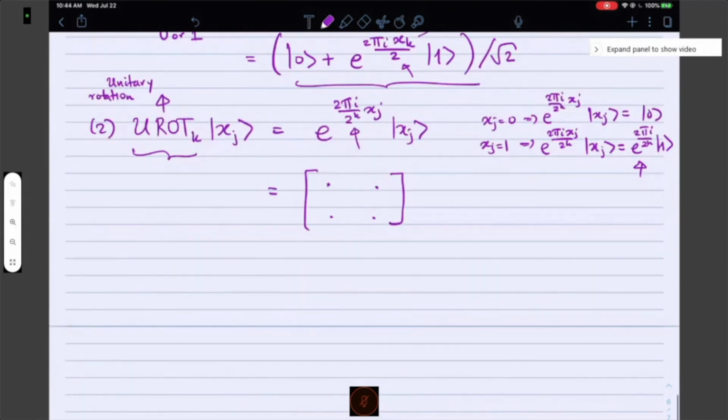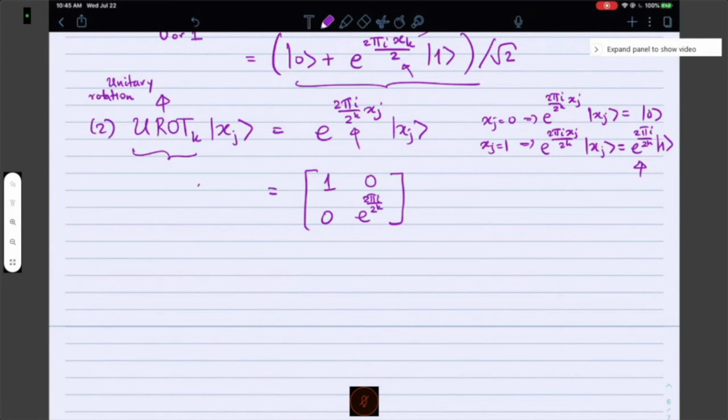The elements here correspond to what this particular gate does to the state 0. And that's going to be giving you back exactly the state 0. So this is the state 0. The elements on the right are what it does to the state 1. And that's giving you 1 with a phase. So it's e to the 2 pi i over 2 to the power of k.